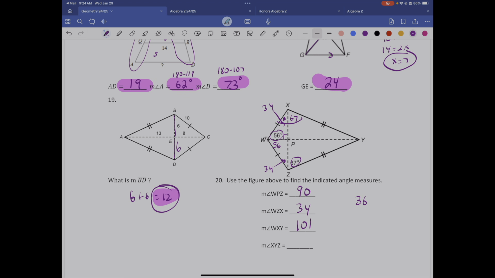So 56 plus 56 is 112. So I'm going to subtract 112. And we know that angle up there is also 101. So 360 minus 101 minus 112 minus 101 gives us the measure of that angle. It's 46 degrees. There you go. There's the review.